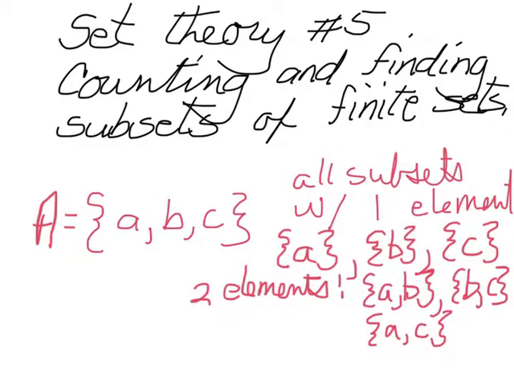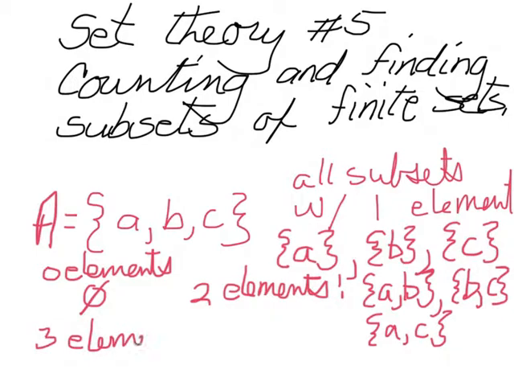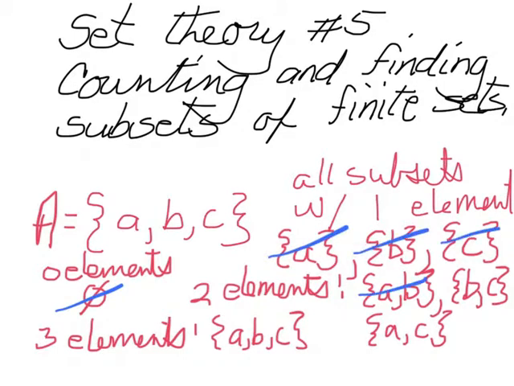That's right. The first subset is the subset of 0 elements. That is the empty set. And then also the subset of 3 elements, which would be the actual set itself, set A, B, C. So the question is, how many subsets do we have? Well, we have 1, 2, 3, 4, 5, 6, 7, 8.